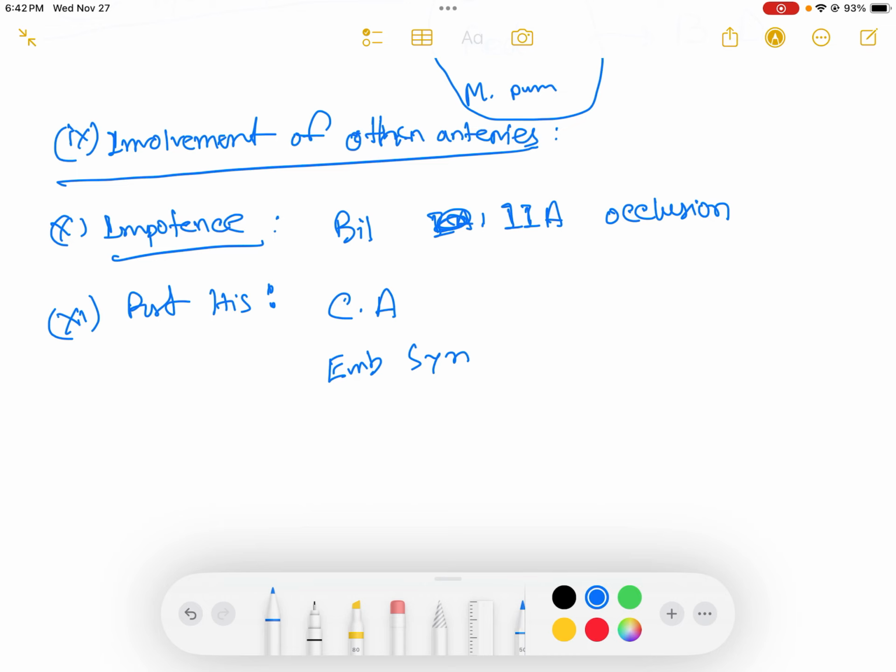The patient may be diabetic. There may be history of exposure to cold or frostbite, etc.